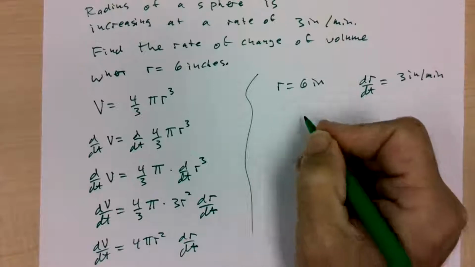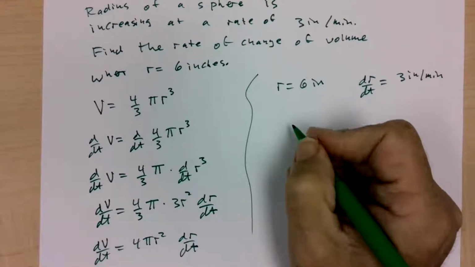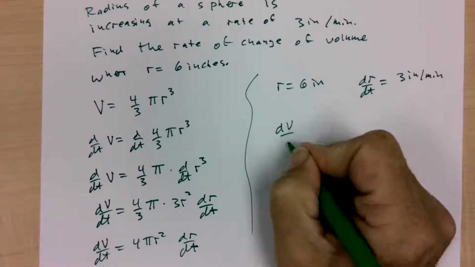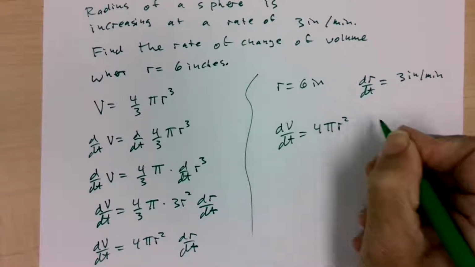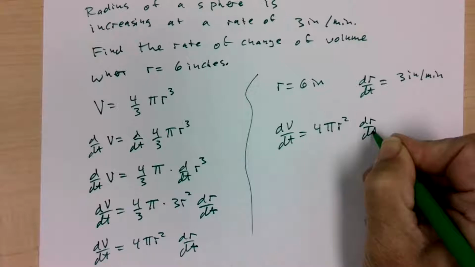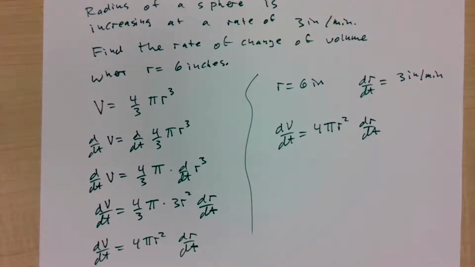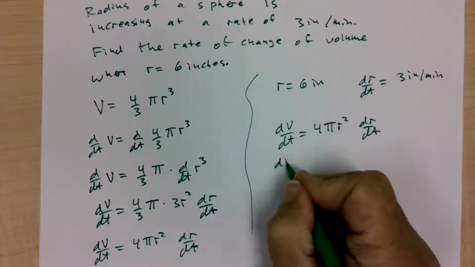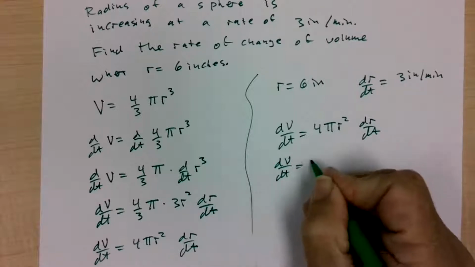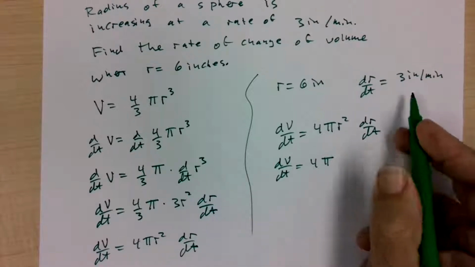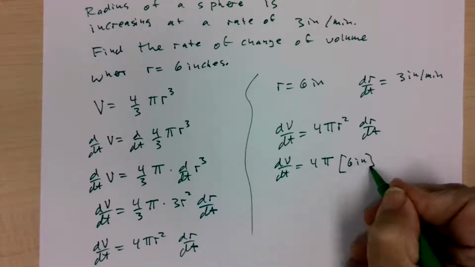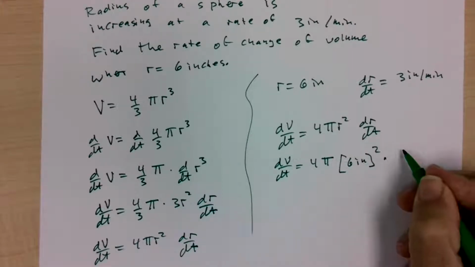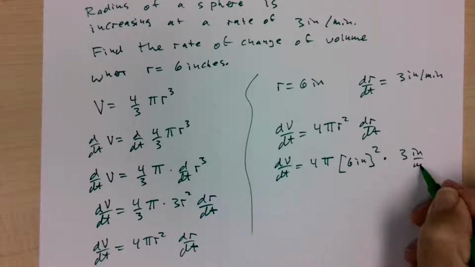If we plug all this in, dV/dt equals 4 pi r squared dr/dt, so dV/dt equals 4 pi times 6 inches squared times 3 inches per minute.